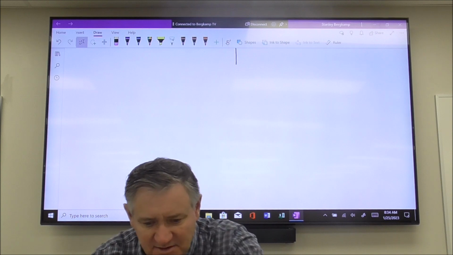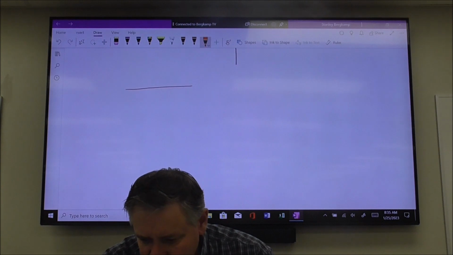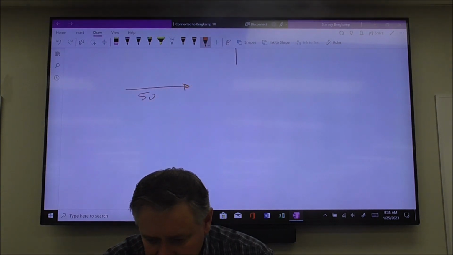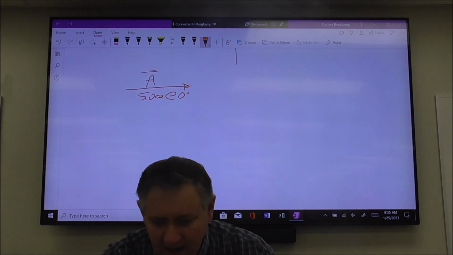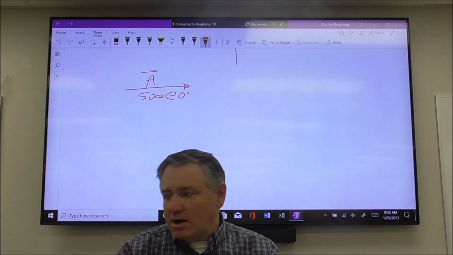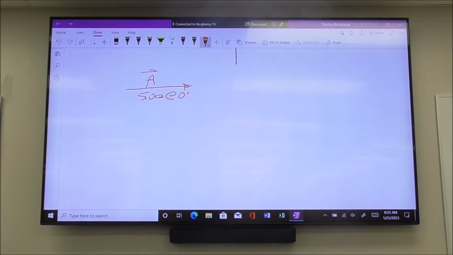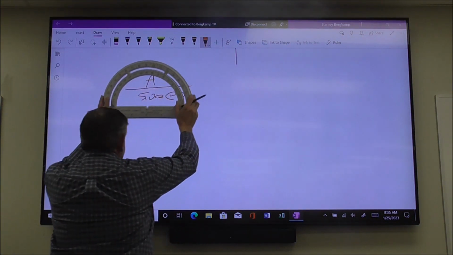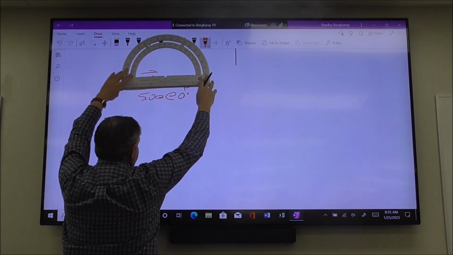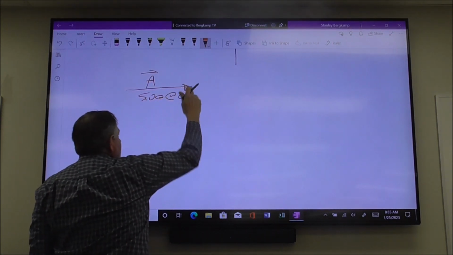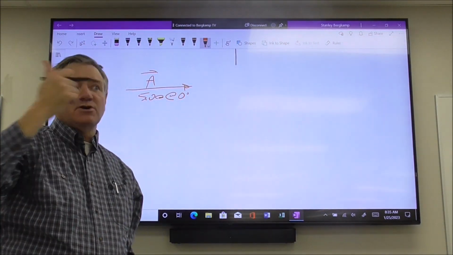Literally, the first thing you're going to do is take your ruler and draw a vector 5 centimeters long at 0 degrees, and we're going to call that vector A. When you measure out that 5 centimeters with your protractor, put an arrowhead on the end, because the arrowhead shows you the direction.